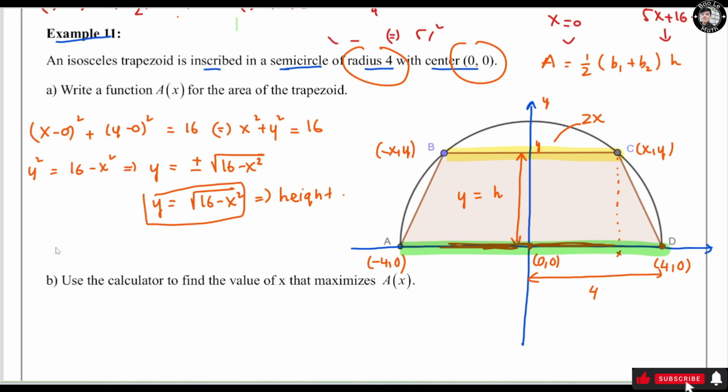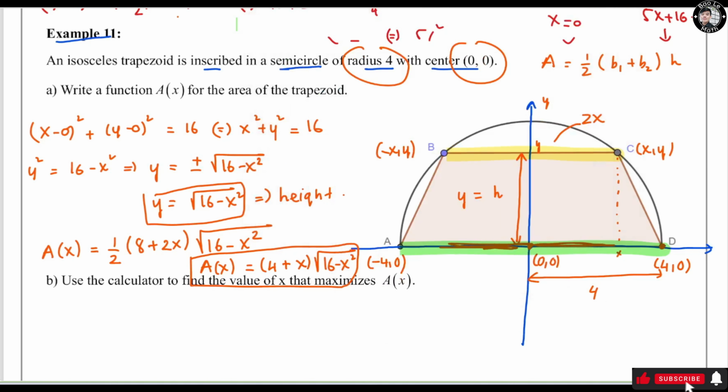So the area of the trapezoid is 1/2 times (8 plus 2s) times the height. It's going to be the square root of 16 minus s squared. Now we're going to factor 2 out and divide by 2. So the final answer must be A of s equals (4 plus s) times the square root of 16 minus s squared.